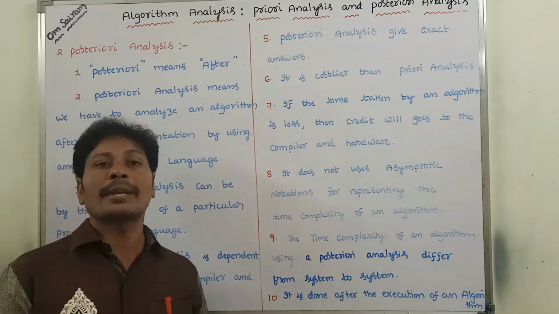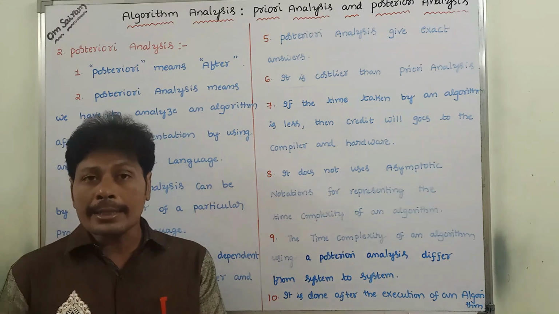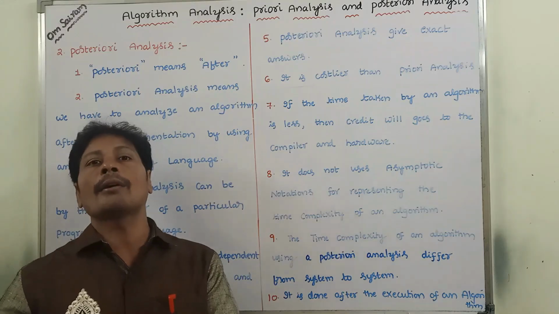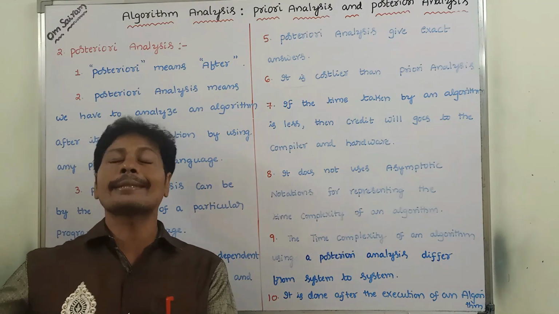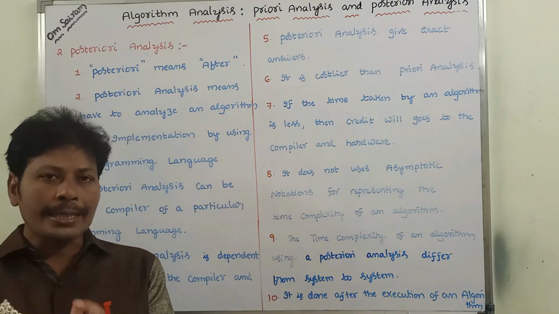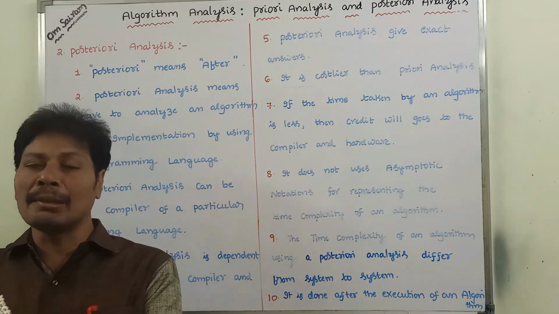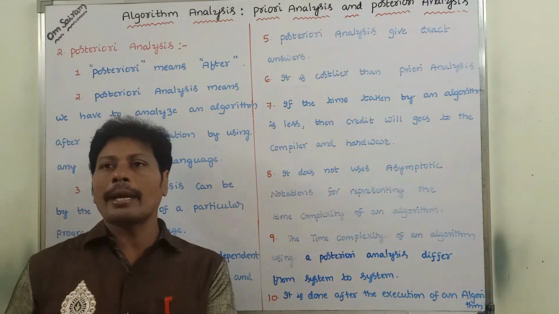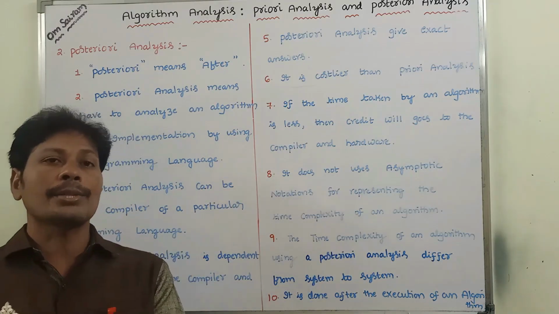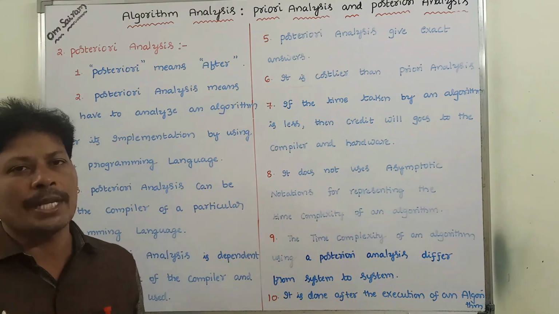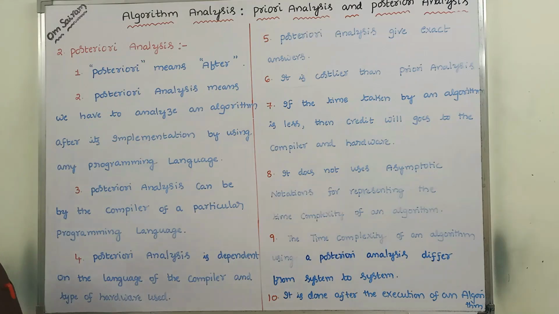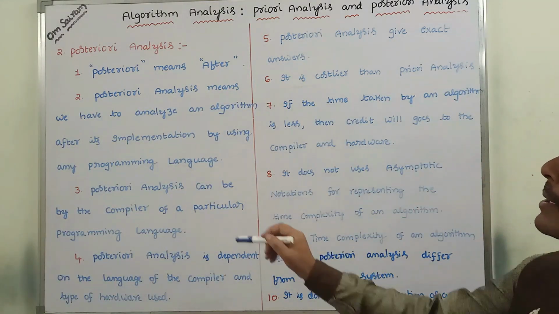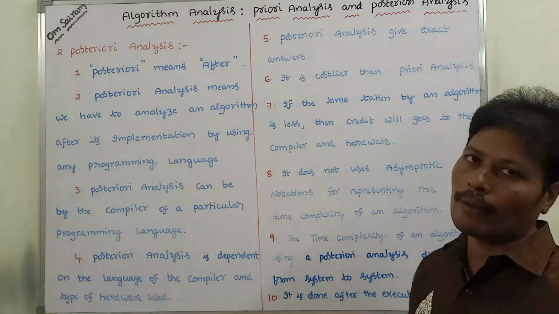Whereas in priori analysis, the analysis is done whenever we write the algorithm, before its implementation. Analysis is done before implementation in priori analysis, and after implementation in posteriori analysis. So this is the description of priori analysis and posteriori analysis.